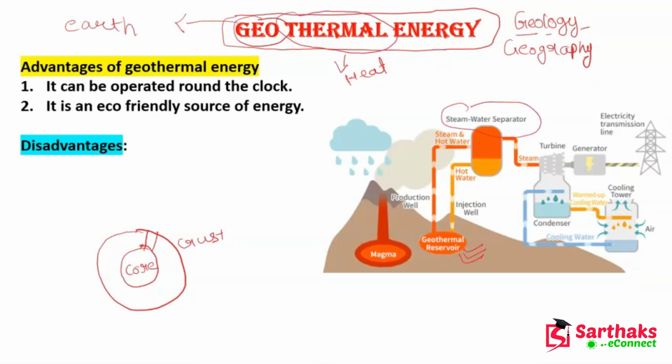When the water is heated, it is converted into steam, and this steam makes the turbine rotate. The turbine is connected to the generator, the generator generates electricity, and this electricity is transmitted to our houses.